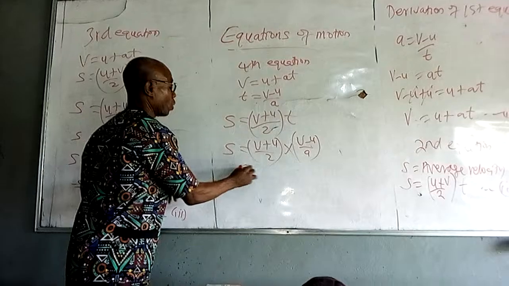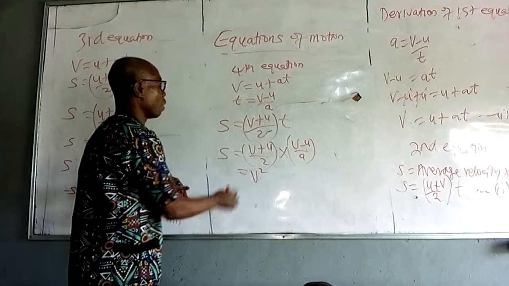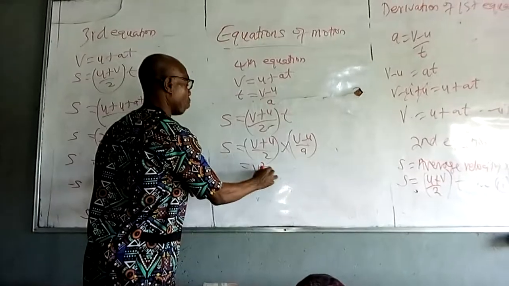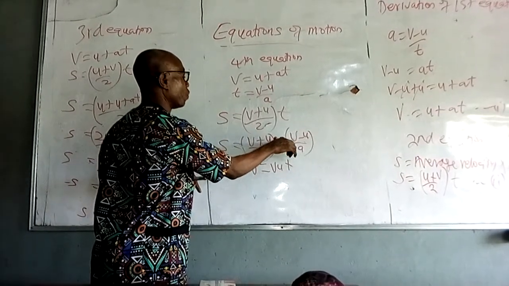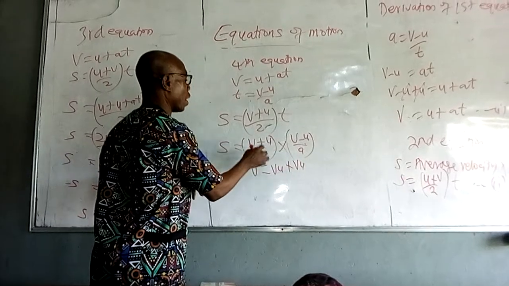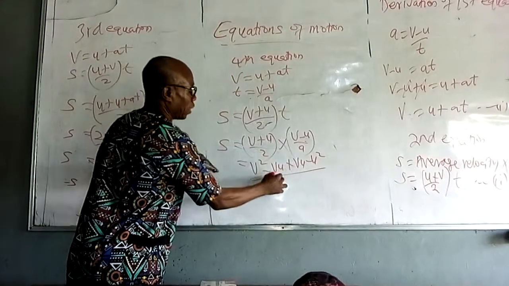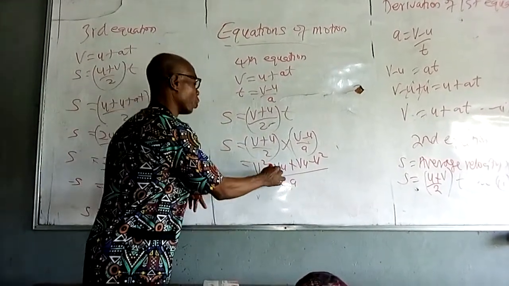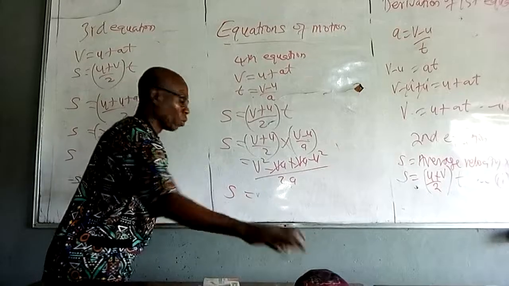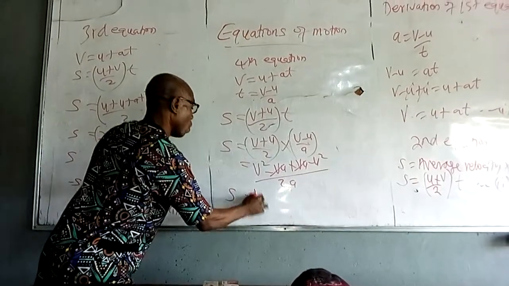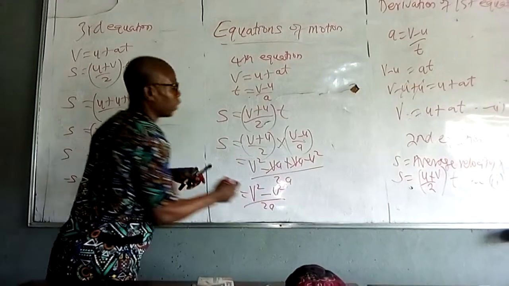So we multiply that out, we have v times v is v squared, v times minus u is minus vu, plus here u times v, we have vu, and then u times minus u is minus u squared, all over 2 times a is 2a. So here minus vu plus vu will cancel out, leaving distance is equal to v squared minus u squared all over 2a.